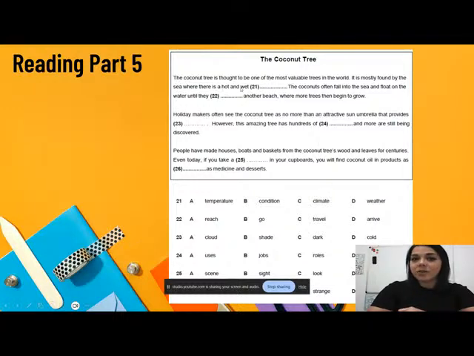A hot and wet climate sounds good. And weather, although we can have hot and wet weather, we can't say a weather. So for that reason, we can eliminate that one. And I think C would be our best option here.